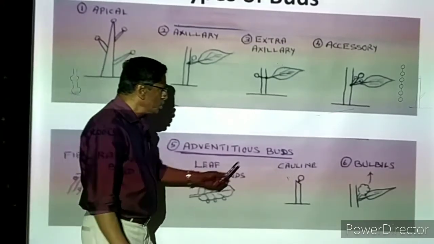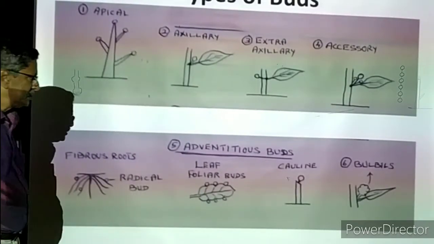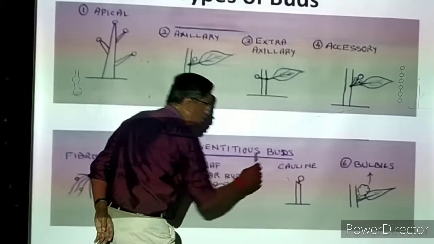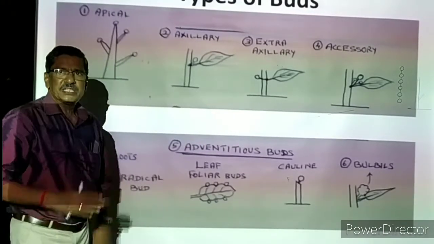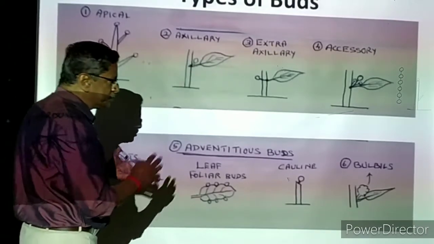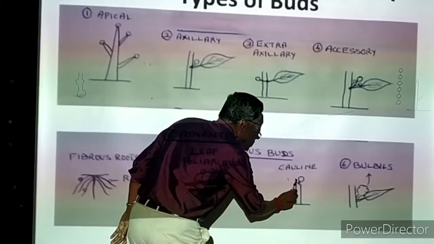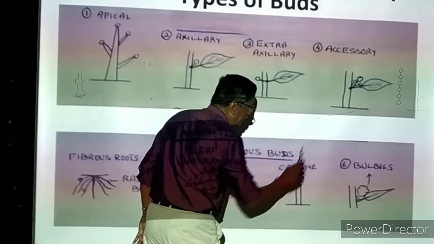Then we are coming to cauline buds. What is actually the meaning of cauline buds? Now this is the stem. Okay, this is the main stem. But the stem is cut off. Imagine like this. The stem is cut off halfway. That means purposely or artificially we are cutting. Now crosswise we have cut. So the terminal portion is removed, the terminal bud is removed.